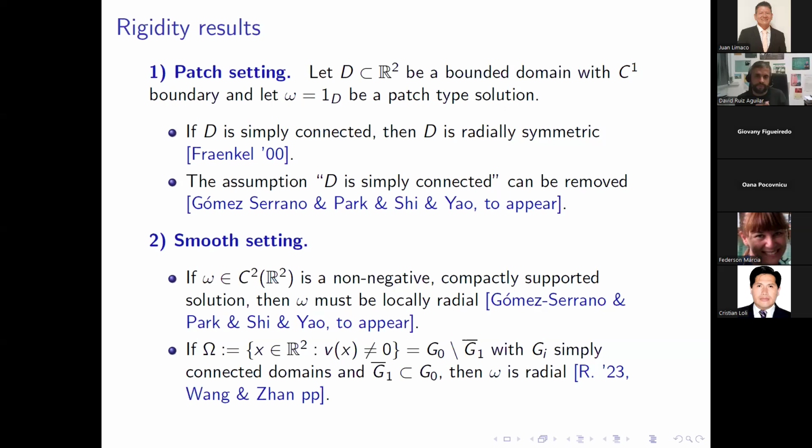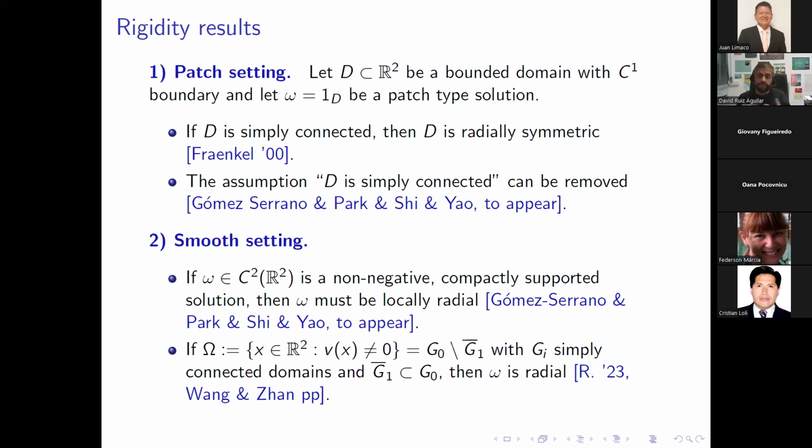This has been proved by Fraenkel if the domain is simply connected, but this condition was dropped later by Gómez-Serrano, Park, Shi, and Yao. But this is in the patch setting. In this case, the vorticity has compact support, but not the velocity field. So it's a little bit different from my perspective.